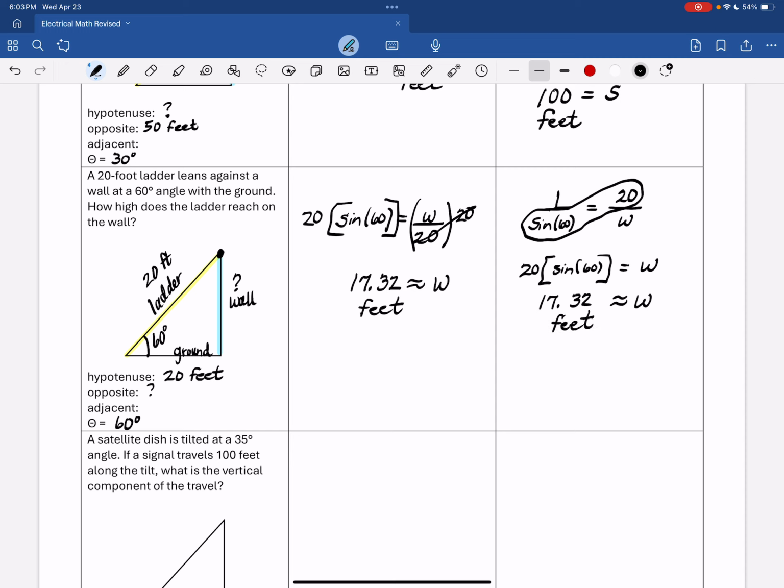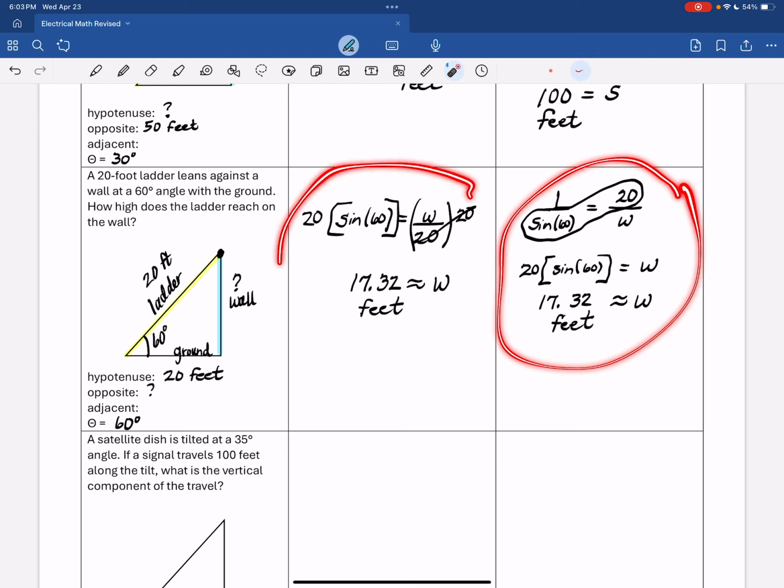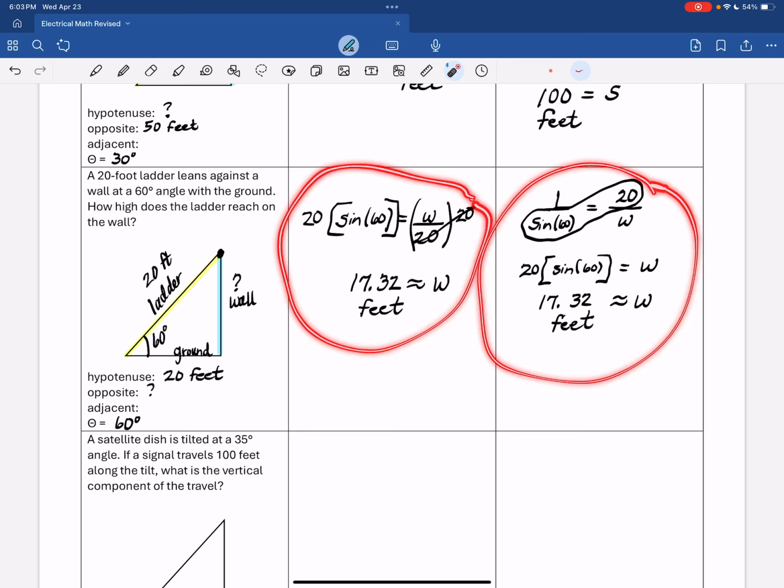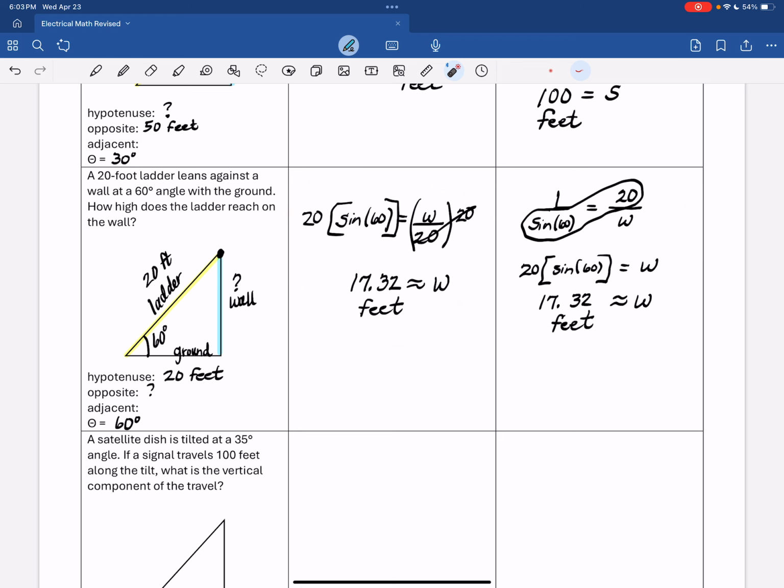And you may be thinking, why would I do this one if I can do it this way? And the reason that I'm showing you both, aside from just needing to know that they are related to each other, is that my calculator will not do cosecant.